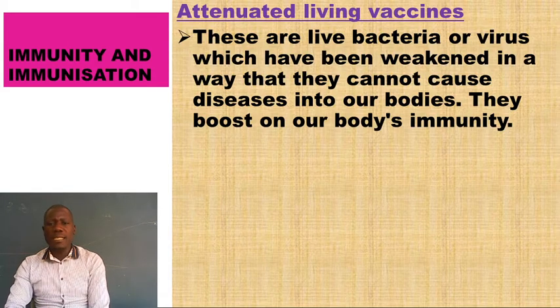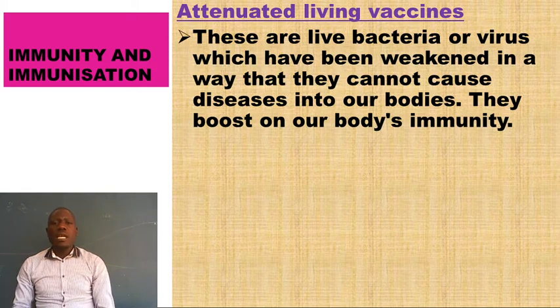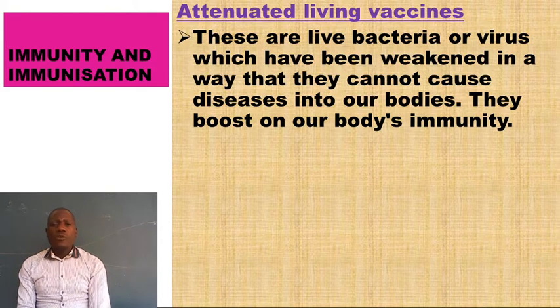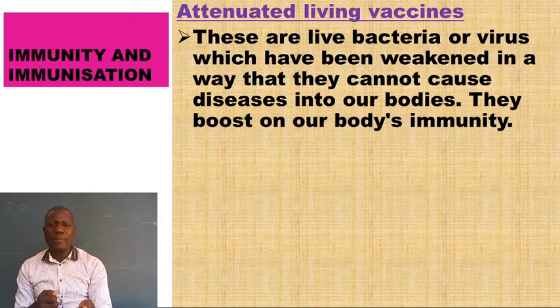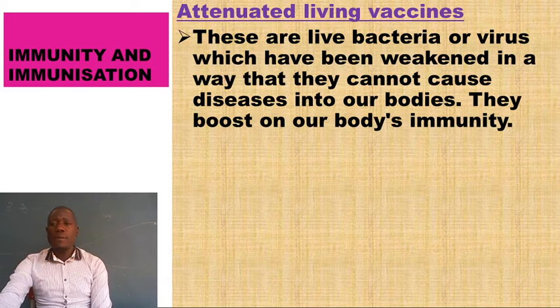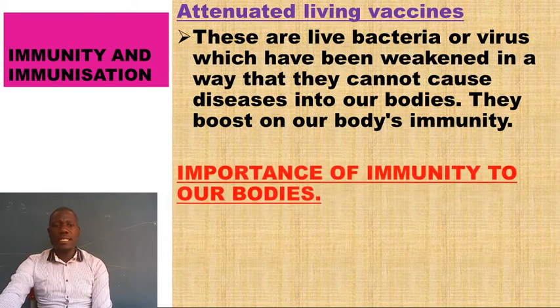What happens here is that the body will produce antibodies. Those are our soldiers in the body. They will come and fight against any germ that will enter the body. And that's how the vaccines cause the body to produce antibodies purposely to fight against diseases.